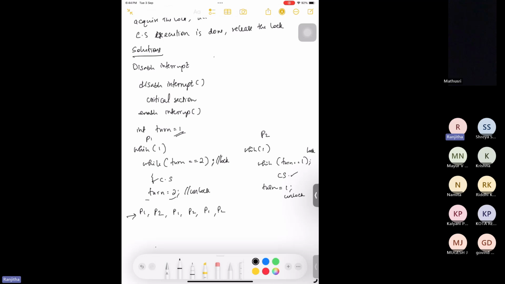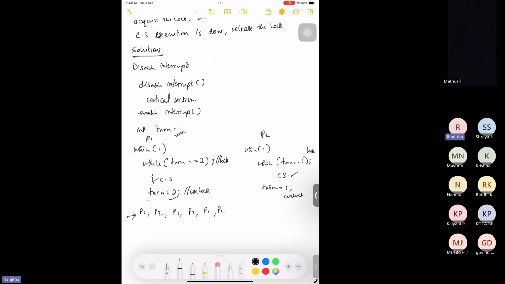Also, the order in which the processes can progress is P1, P2, P1, P2. Now, if P2 gets scheduled before P1, P2 will be in the infinite wait and cannot proceed until P1 gets scheduled. So it does not meet the progress criteria.